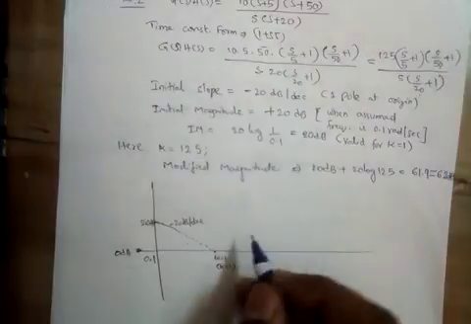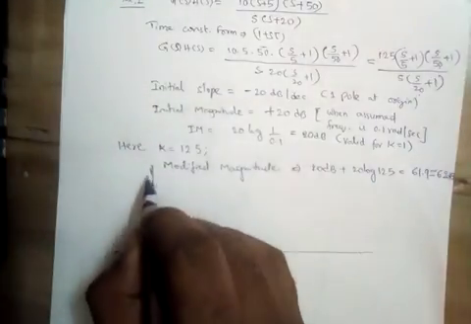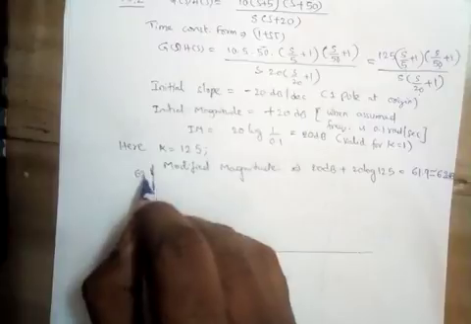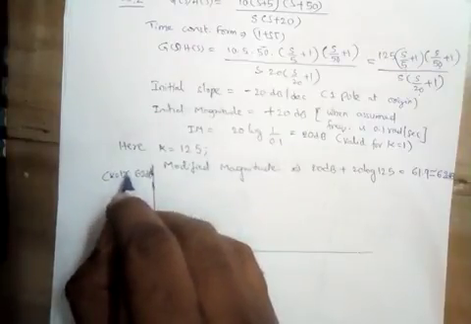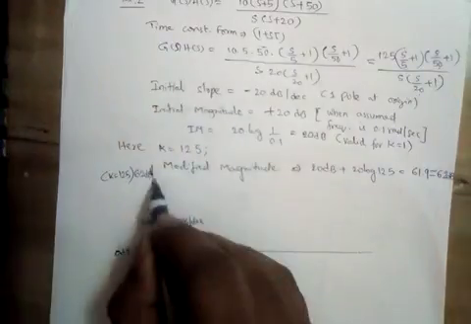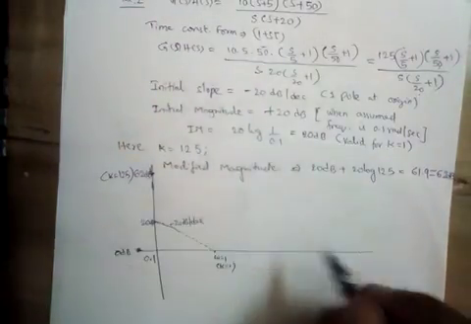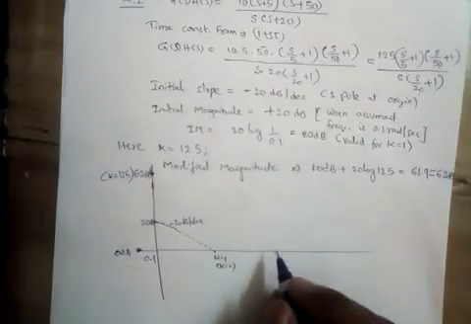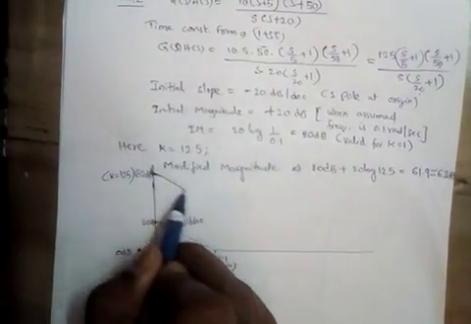But our magnitude is 62 dB for K equal to 125. Okay, so the slope is not going to be changed, it remains the same slope.